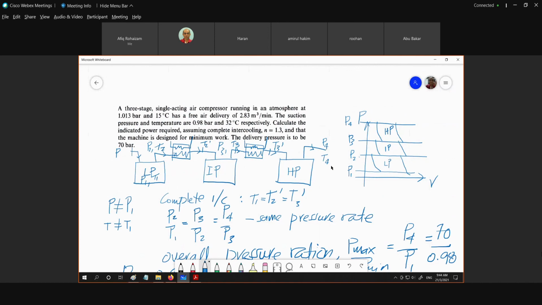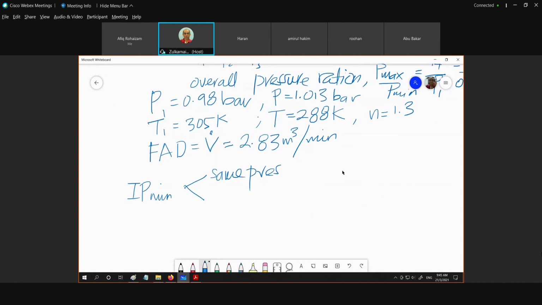So kalau kita lihat di sini untuk get the minimum work, syaratnya same pressure ratio, and complete intercooling.